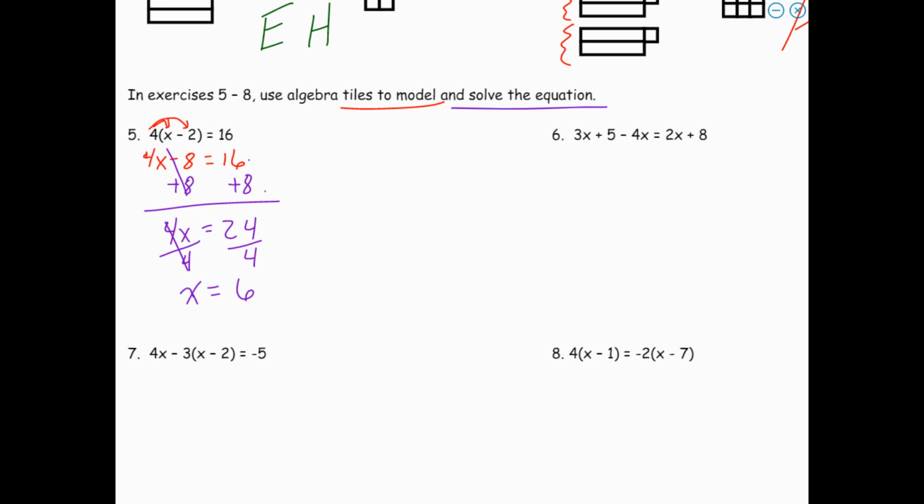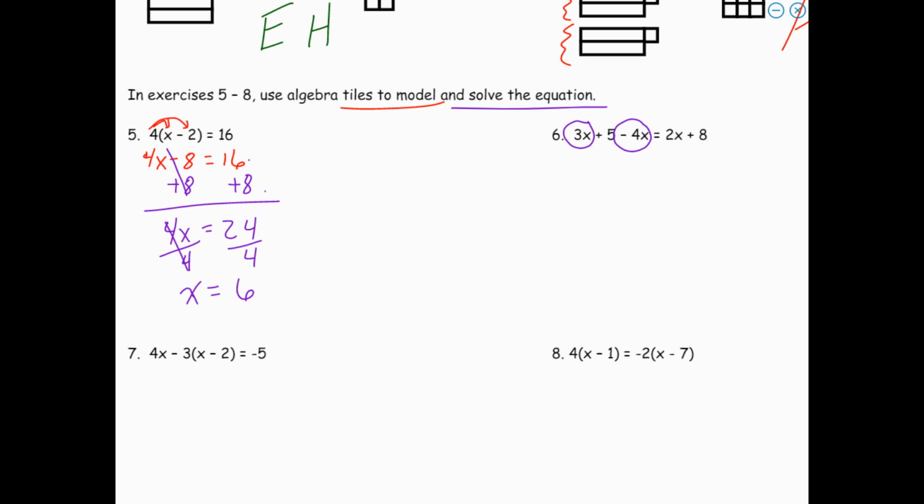So over here on number 6, I'm just going to do it algebraically for this one. We've got x's on the same side, so I don't need to zero them out. I just have to combine them because they're all on the same side already. If I have 3 positive x's and 4 negative x's, what am I going to be left with?